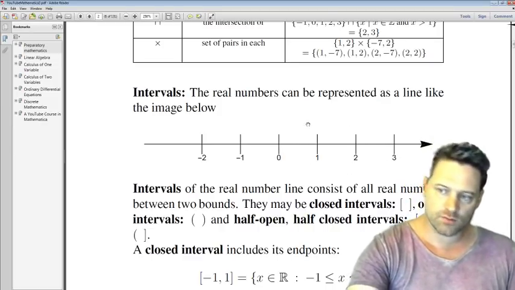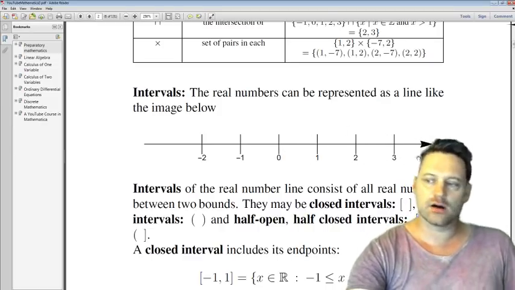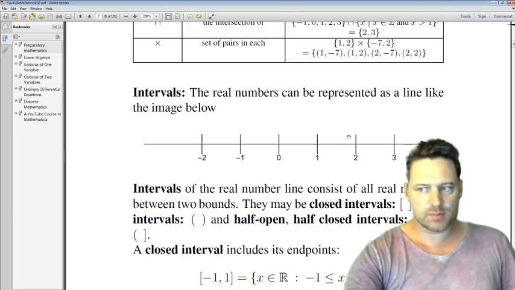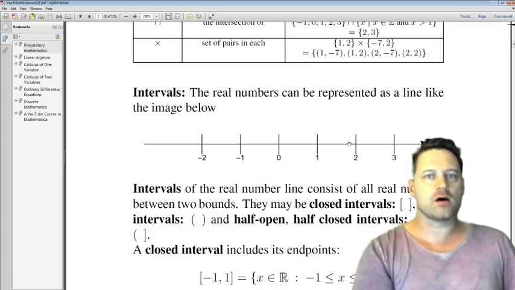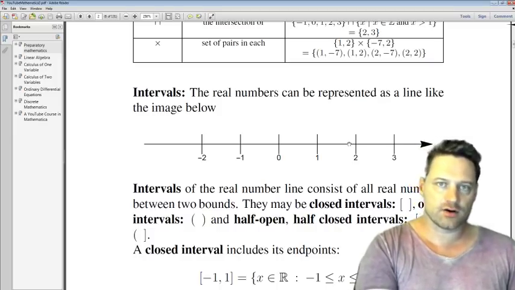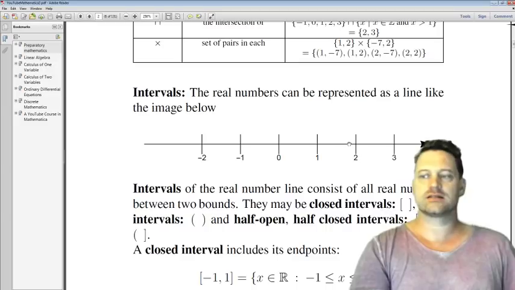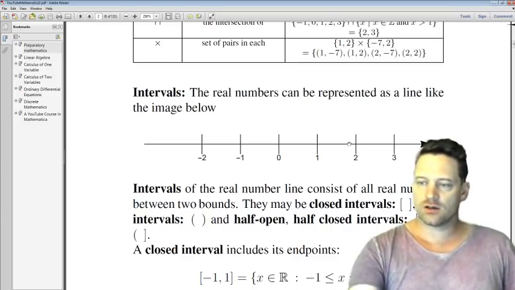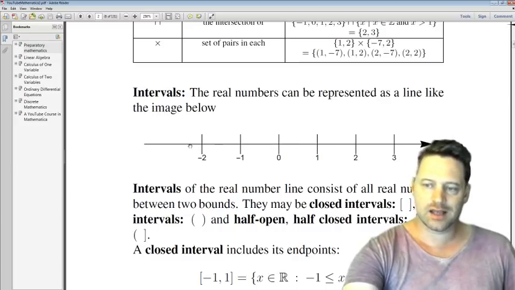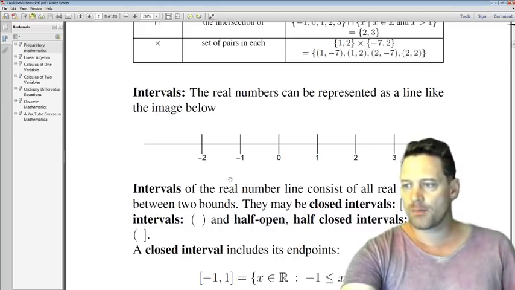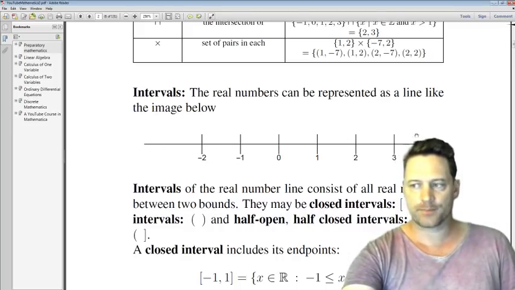Any point to the right of 0, I can just randomly pick one right here, and where I stop my mouse, there is a distance from that point to 0. That distance is a real number. Also on the left of 0, we've got negative real numbers. It's very handy to be able to think of real numbers geometrically in this way.